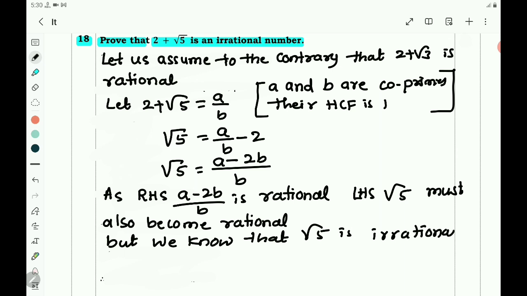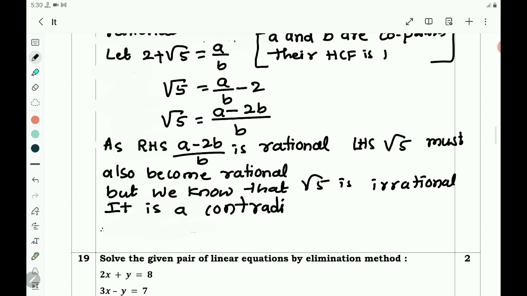Here we got a contradiction. What contradiction? LHS irrational, RHS rational. It is a contradiction. So why has this contradiction arisen?